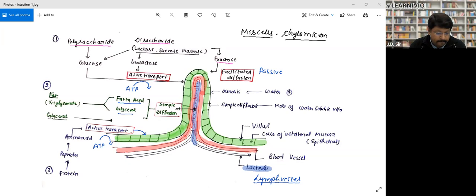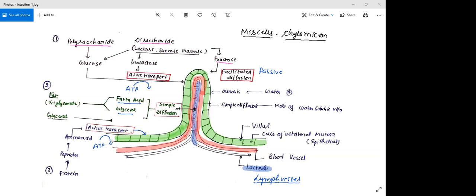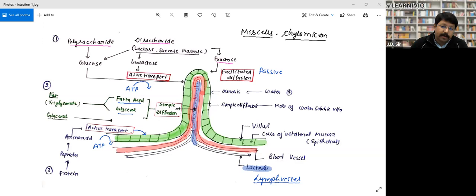So these chylomicrons are absorbed by lacteal. Right?